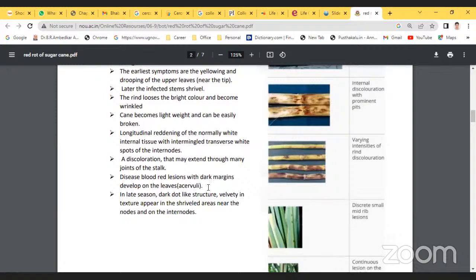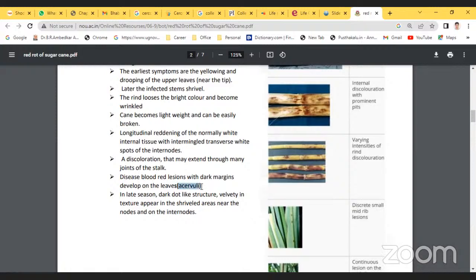The disease causes blood-red lesions with dark margins to develop on the leaves. That is called acervuli. The acervuli is the asexual fruit body of Colletotrichum. In competitive exams, many times this question is asked: what is the asexual fruit body of Colletotrichum?